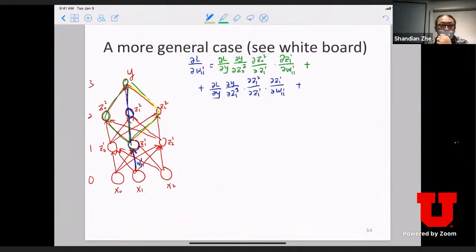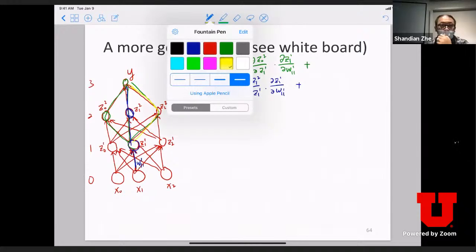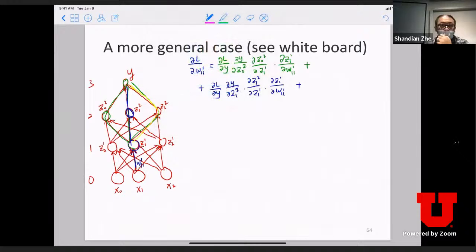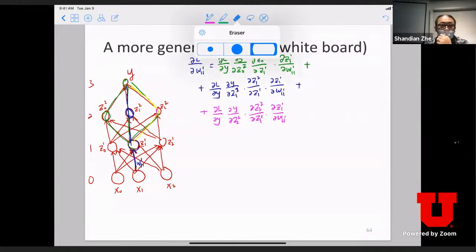The third path, plus partial L over partial Y, and then this is the second node, partial Y over partial Z22 times partial Z22 over partial Z11, then times partial Z11 over partial W111. So now we finish the result. Sorry, let me erase this duplicated plus here.